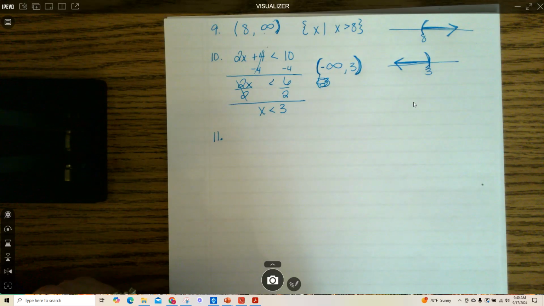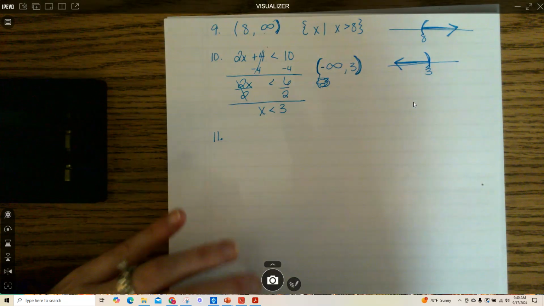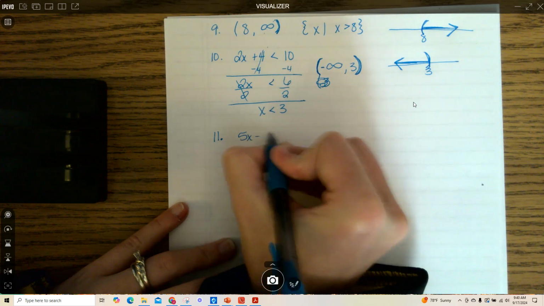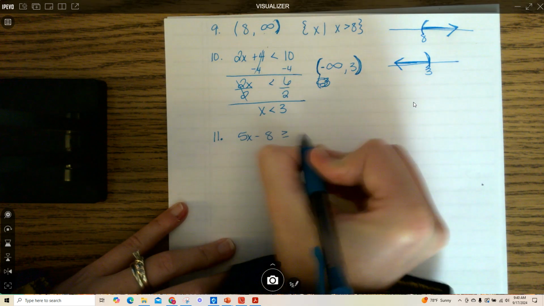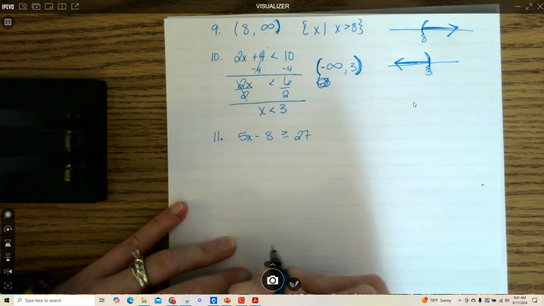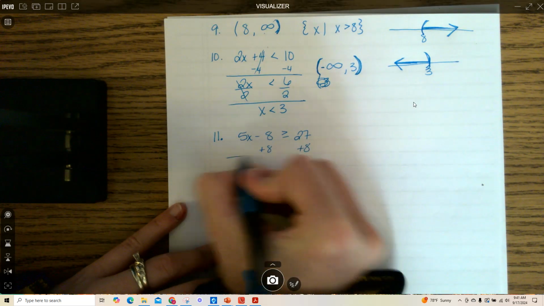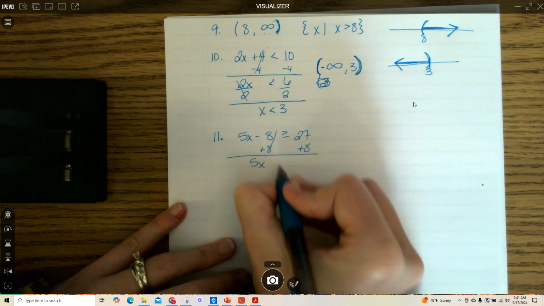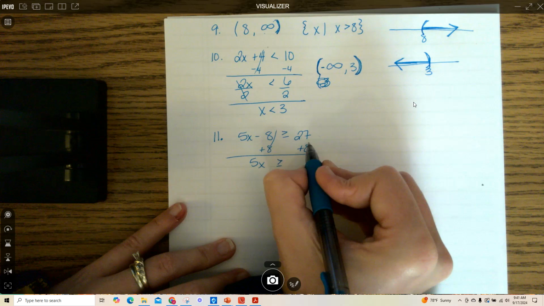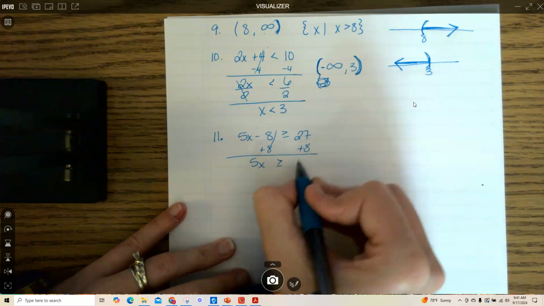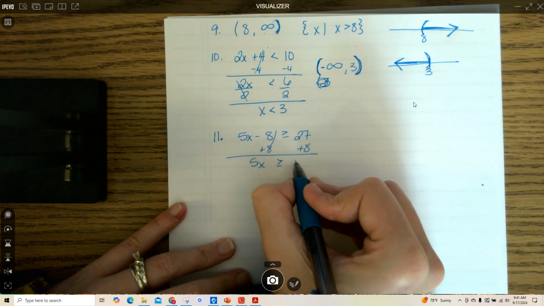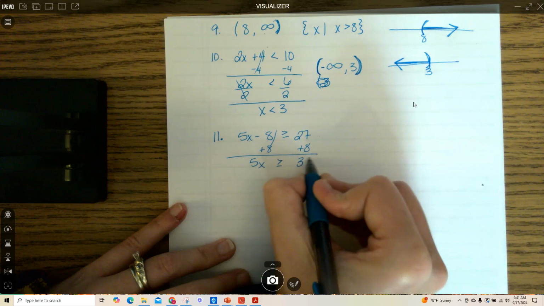All right, number 11. 5x minus 8 is greater than or equal to 27. Okay, so add 8 to both sides. 35, sorry, don't listen to me today.